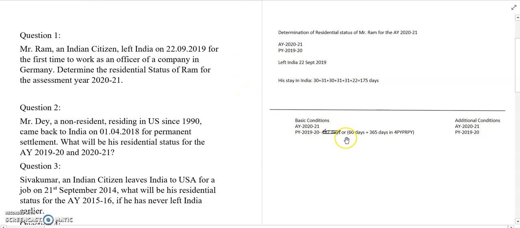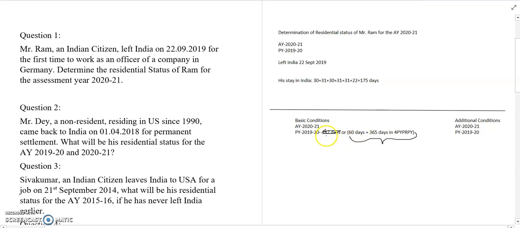So, we can't check for the second basic condition, as the second basic condition is not applicable in the case of an individual who goes abroad for employment purpose. Which means that this particular condition is not applicable in the case of Ram as he went abroad for employment purpose.